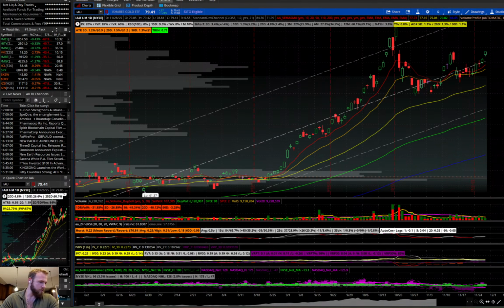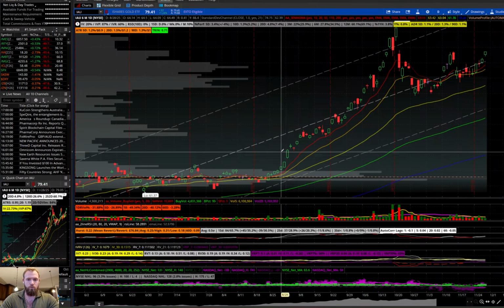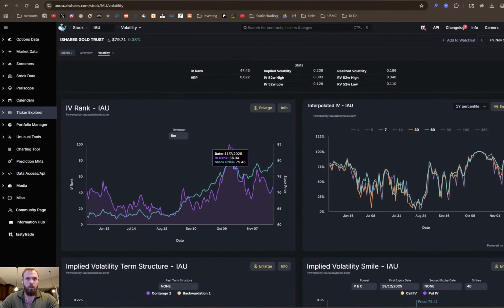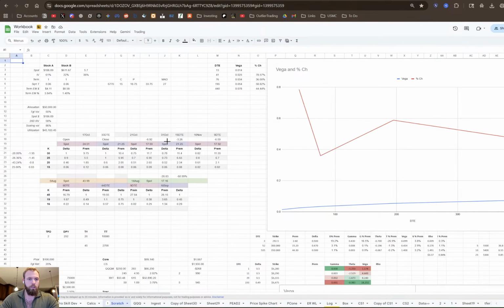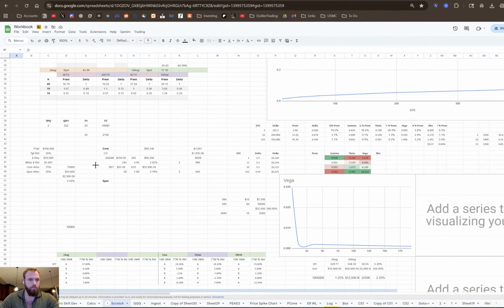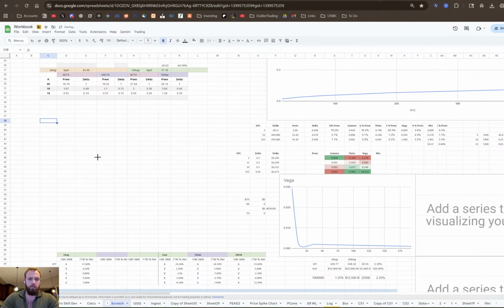Let me get paint so that we can track this. Actually, no, let's instead use this. What I want to do is literally track some of this with you so that we can take a look at the scenario. So here, implied vol in the beginning was like 21.6% or something, and then it dropped to 19.8% or so.